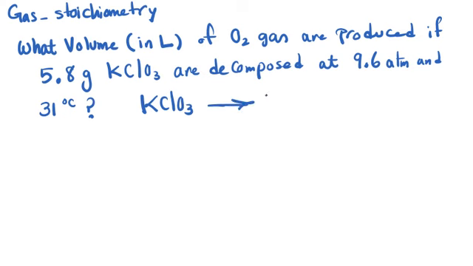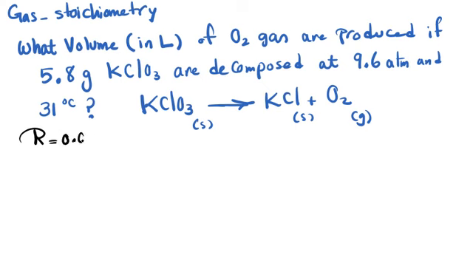KClO3 gives us KCl and O2. This is a solid, this is a gas, and this information is already given to us.